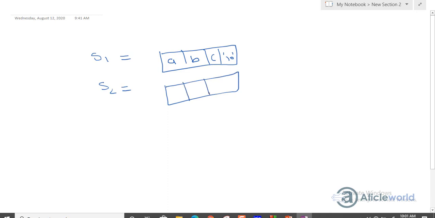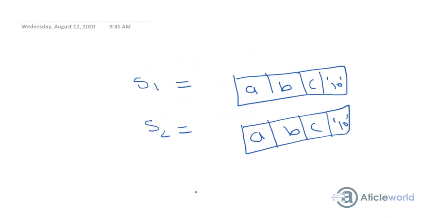Here you can see s1 is an array containing three characters a, b, c, and the last one is the null character, and similarly for s2. What will happen when you pass s1 and s2 to the string compare function?